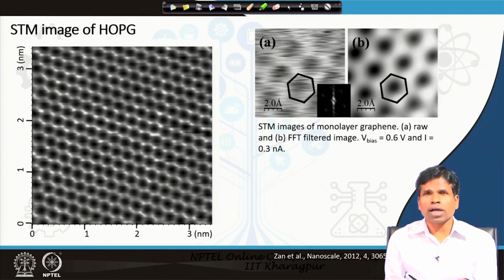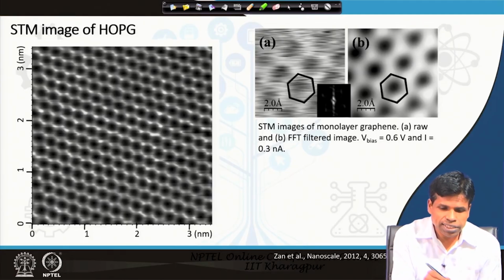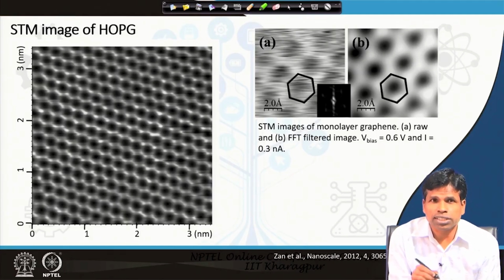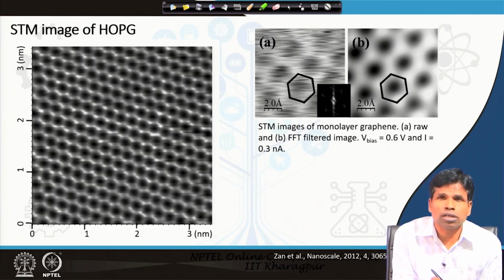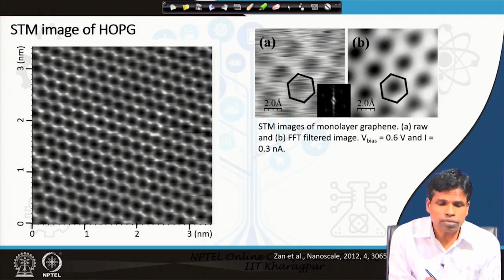So, therefore, you see the brightness at the place where there are carbon atoms and there is a bonding, and in the center of the hexagon you see dark, because there is no current available, because there is no atom available, there are no electronic clouds. Therefore, we do not measure any current at the center of a hexagon, therefore, it is darker.